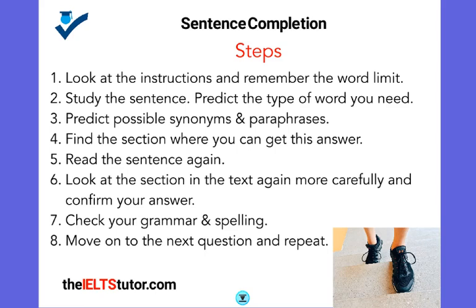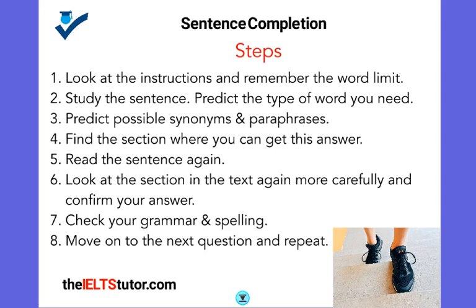And then step number 6, look at the section in the text again more carefully and confirm your answer. Is this absolutely the right answer that leaves you no doubt for any second possible answer or third possible answer? Make sure that you confirm your answer, write down your answer.